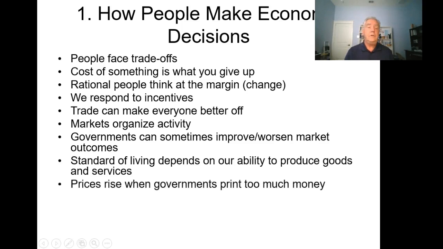Next, prices rise when the government prints too much money. This is the old monetary theory that if the government puts too much money out there, it will depreciate the value of the currency. Prices will rise to a very high level, and they will experience in that country, as a result of government action, severe inflation.